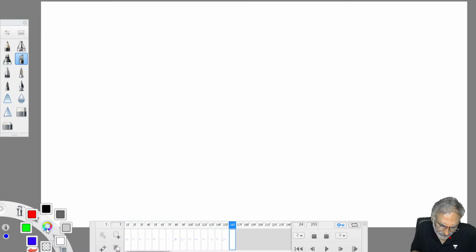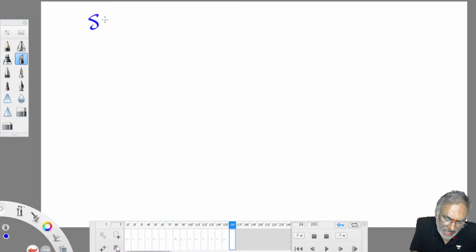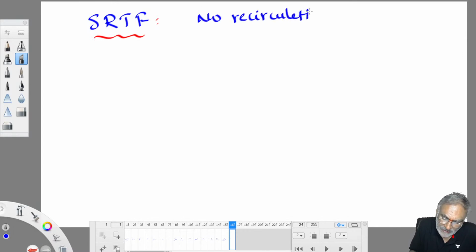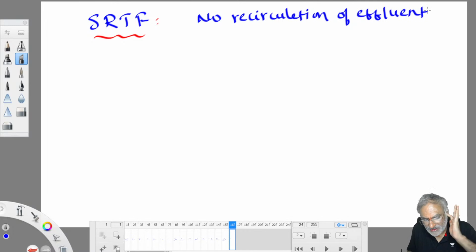Okay, let us see standard rate trickling filters. For a standard rate trickling filter, there is no recirculation of effluent. Effluent is just disposed without recirculating back to the process.